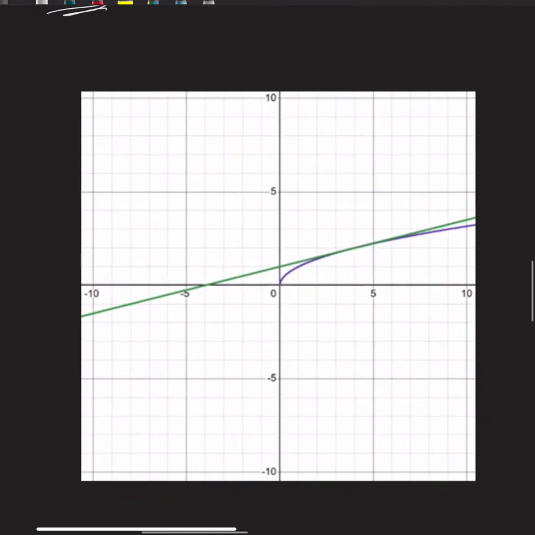So here's a graph. This is the function f of x equals the square root of x, and this tangent line is tangent at (4, 2).